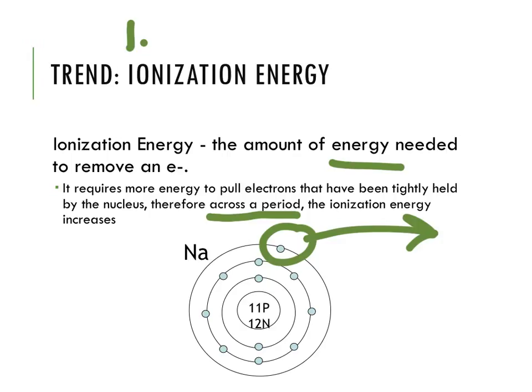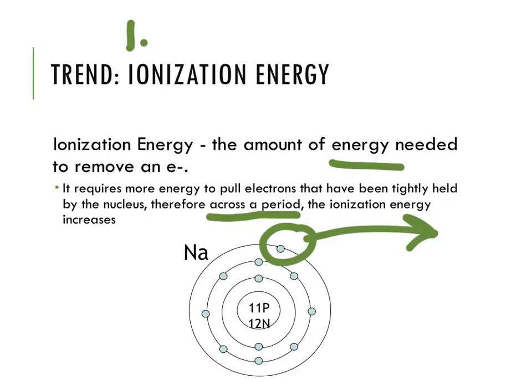The reason for this is that as you add more electrons to the outer shell, that element, that atom, is closer to having full valence. It's going to be less likely to want to give up its electrons. So it's going to take a lot more energy to pull that electron away.